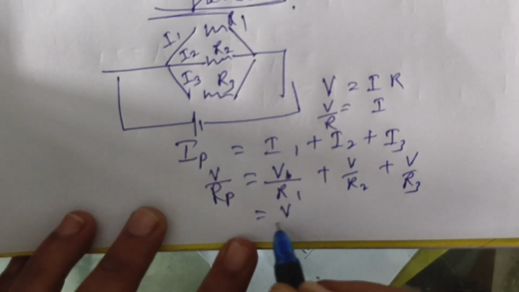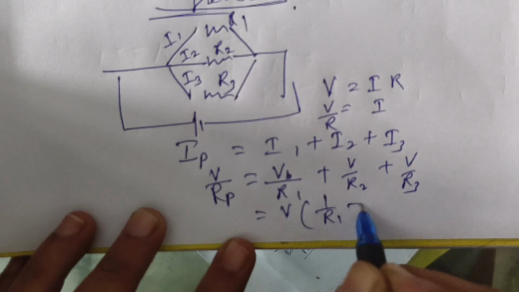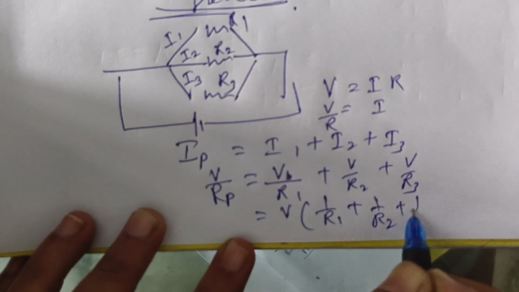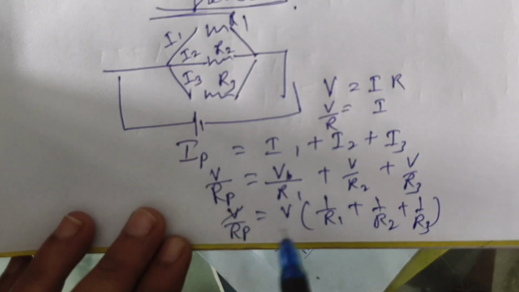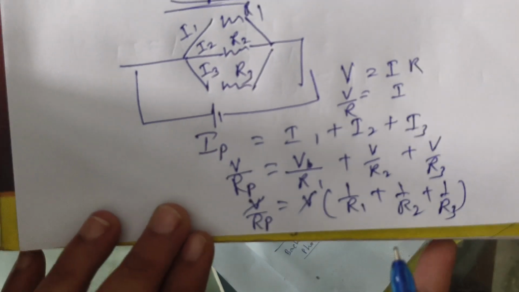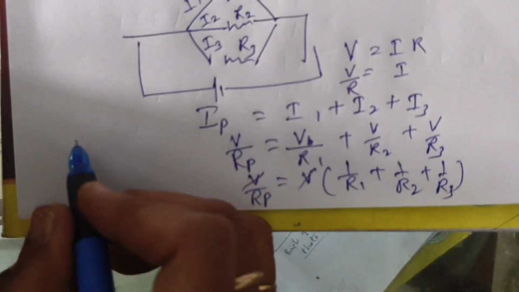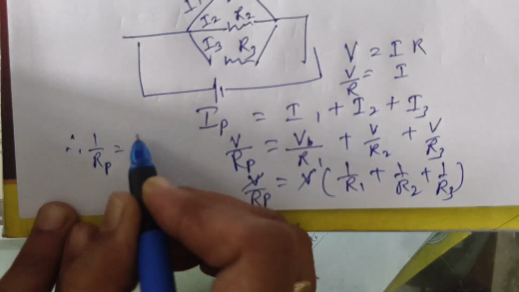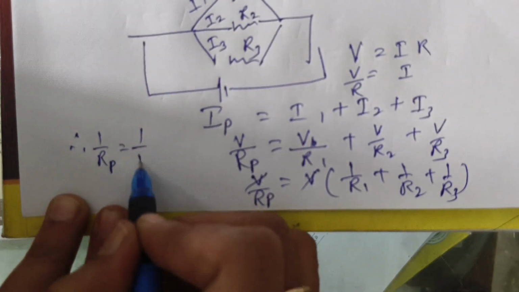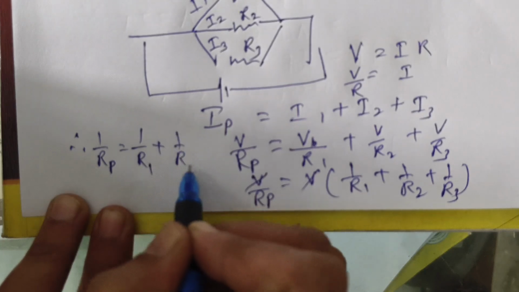Now V can be taken common, so it's 1 upon R1, 1 upon R2, 1 upon R3, times V, equal to V upon RP. Thus V can get cancelled. So finally we can conclude that resistance in parallel is the combination of reciprocals of all the individual resistances.